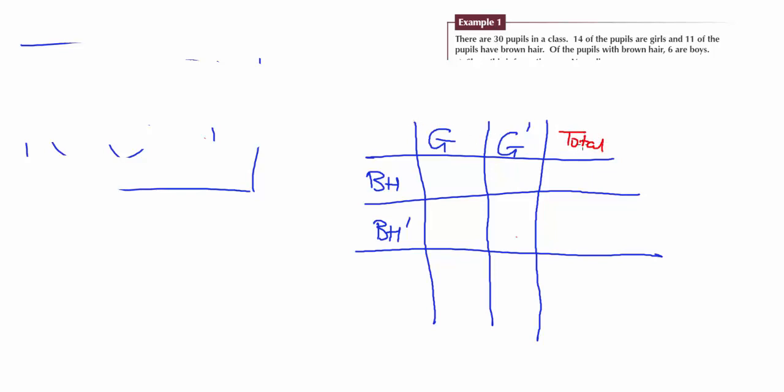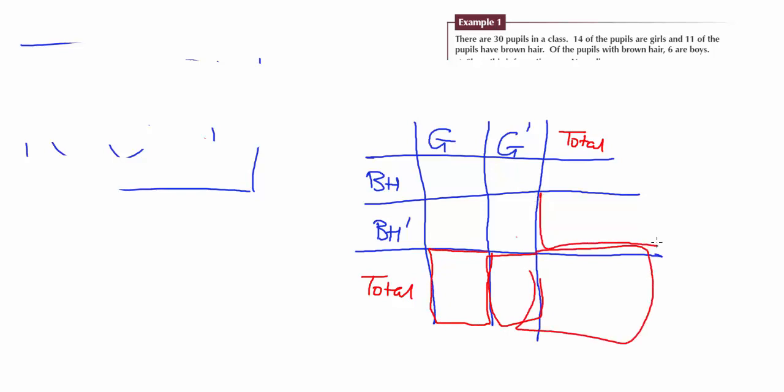Firstly, in this two-way table, we're going to do totals here, yeah? You'll notice there's actually 5 squares on the outside here. And it all depends on what row it is. So this is the total number of people who have brown hair.